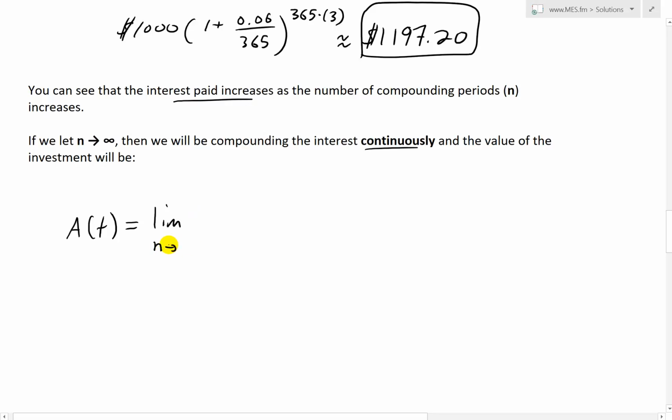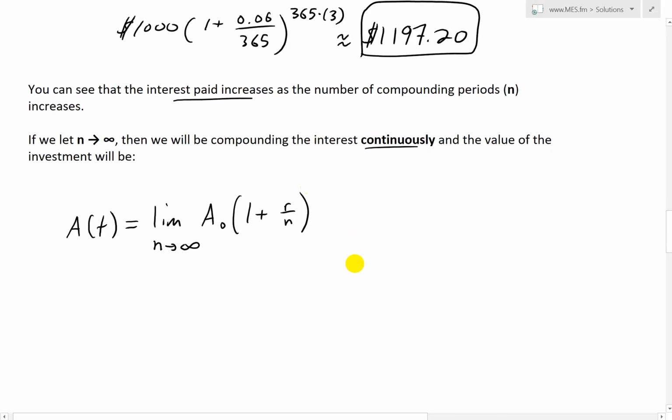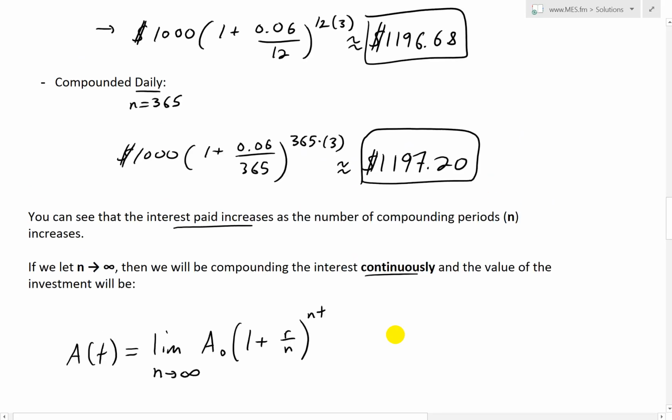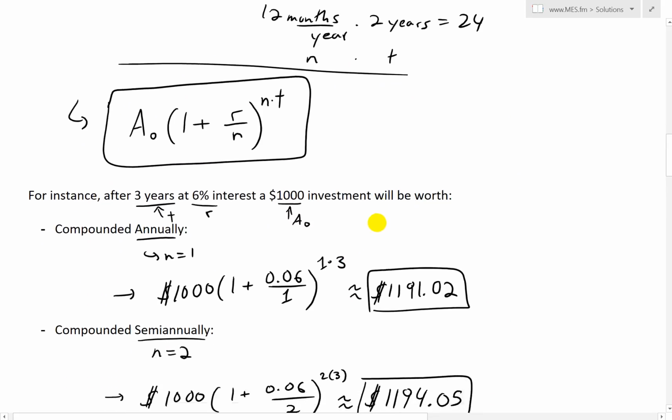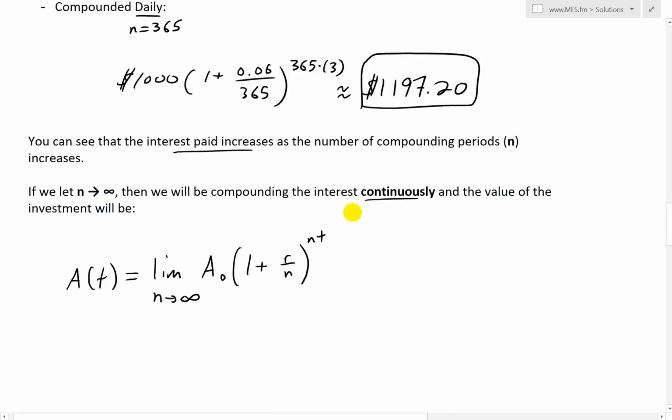We're going to assume we compound it an infinite amount of times in a year. So this is just equal to our A0 times the limit as n goes to infinity of 1 plus r over n, to the power of nt. Just make sure that was the right formula.